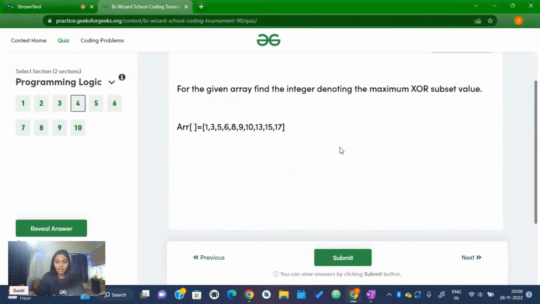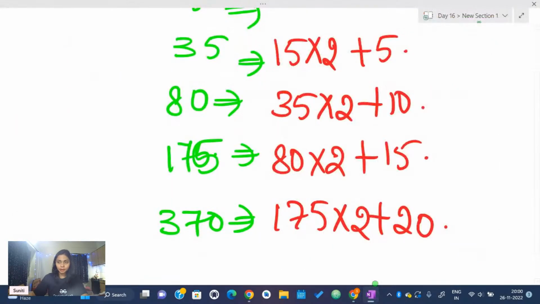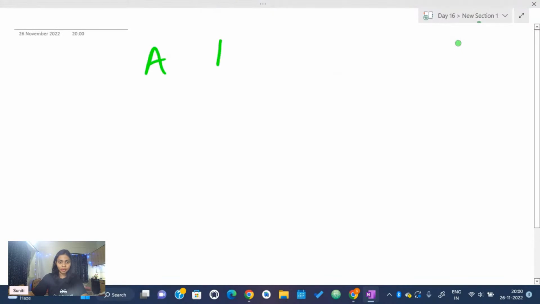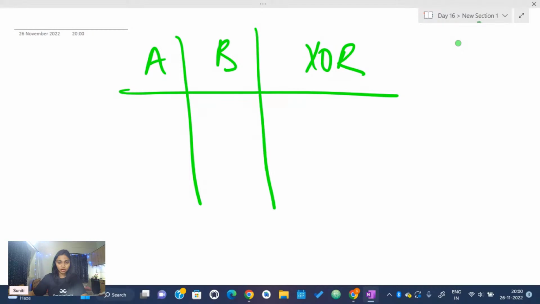All right, next, for the given array we need to find the integer denoting the maximum XOR subset value. Cool. So this is how the XOR table looks like: A, B, and the XOR is going to be 0, 0, 1, 1, 0, 1, 0, 1.